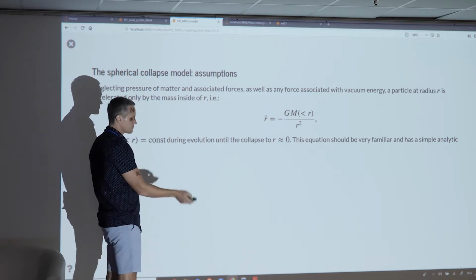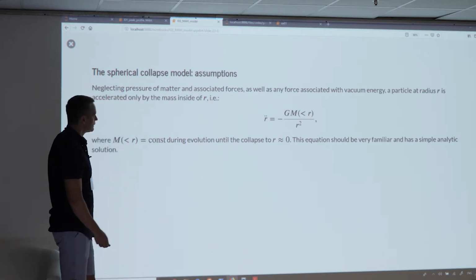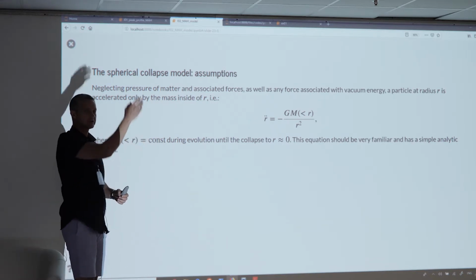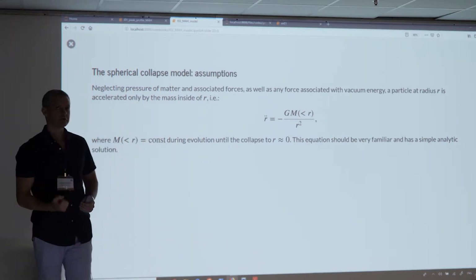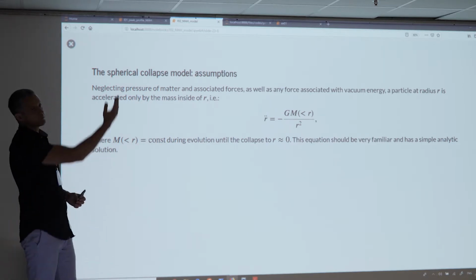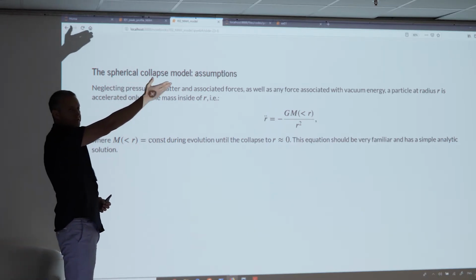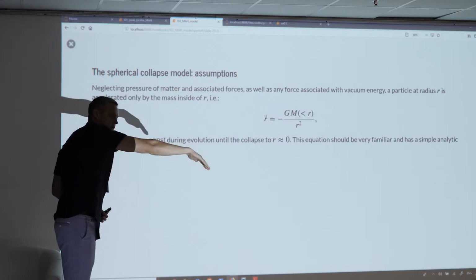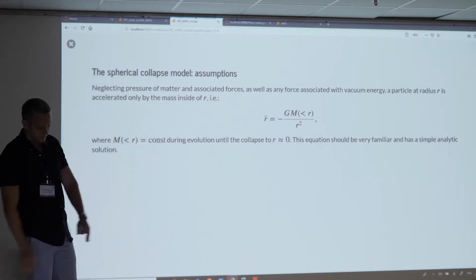The mass of the Earth doesn't change while this pen is flying, but the radius of the pen is changing. So I gave it initial conditions. I threw it up. I gave it some positive kinetic energy, so it had to go up. Then gravity slowed it down. It reached the highest point where velocity was 0, and then it collapsed.